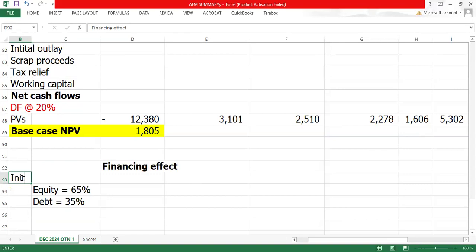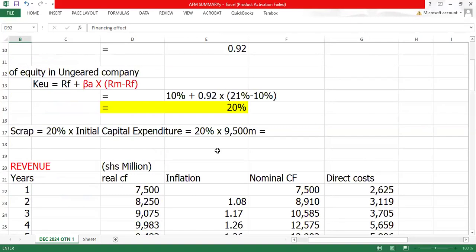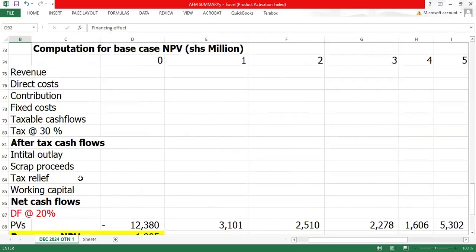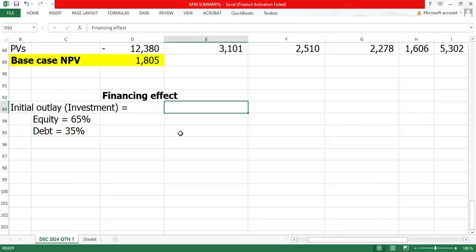What was our initial outlay? Was it 9,500? 9,500. That's all the money we need.